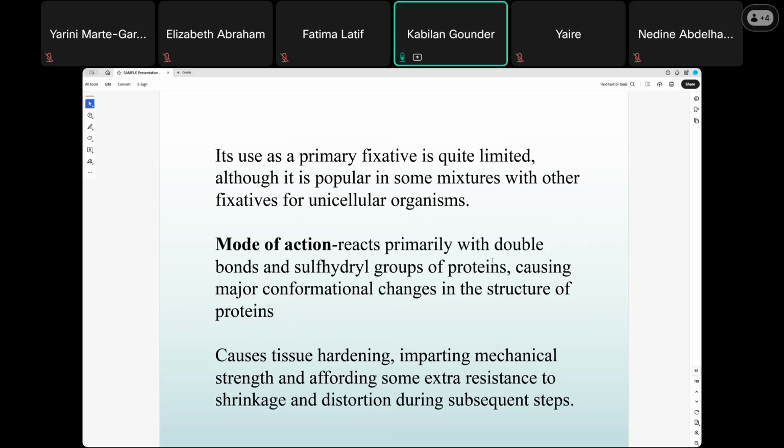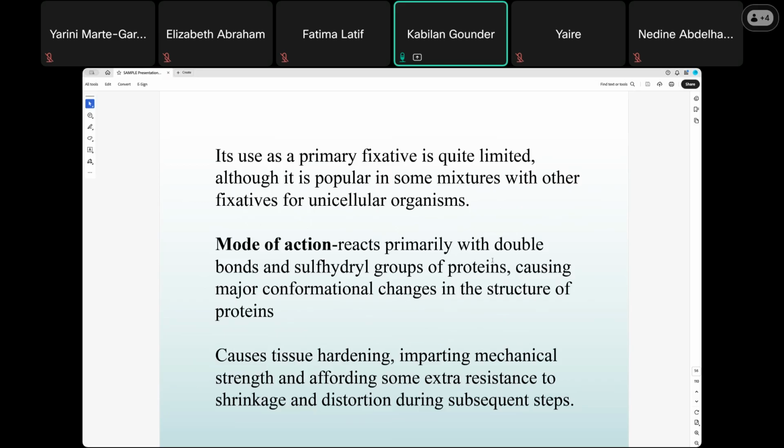That's an advantage: when you fix with osmium tetroxide, it not only preserves the samples but also gives strength to the samples. It gives a hardening, which imparts mechanical strength and affords some extra resistance to shrinkage and distortion during subsequent steps.